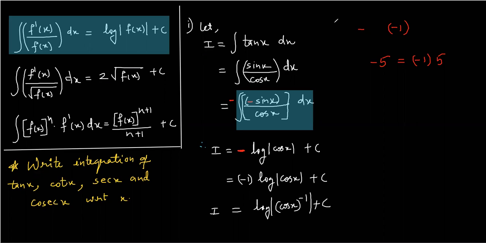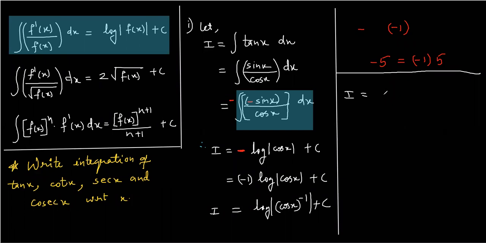So here I get I equals log of 1 upon cos x inside mod plus c. And what is I? I was integral tan x.